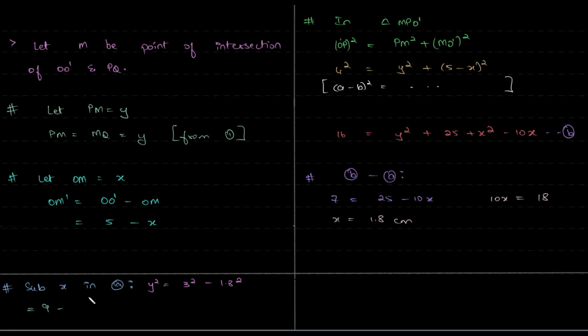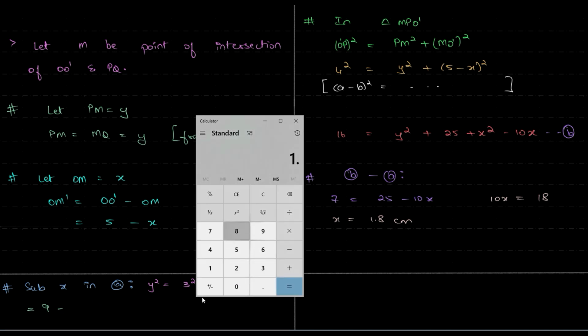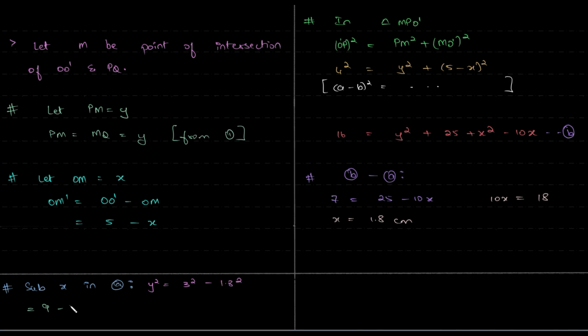I think 1.8 into 1.8 is 324, and the decimal, 2 decimal places, and we have y is equal to square root of 5.76.